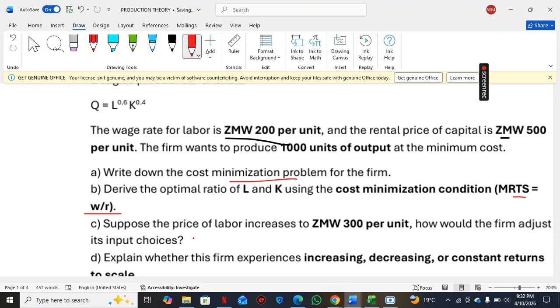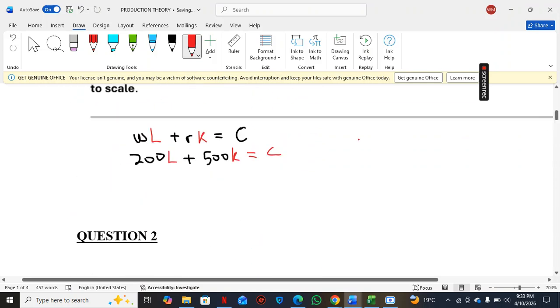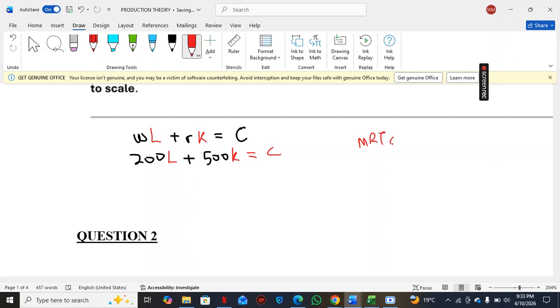This marginal rate of technical substitution, MRTS, is the marginal product of labor over the marginal product of capital.